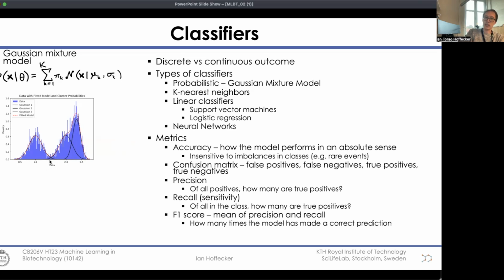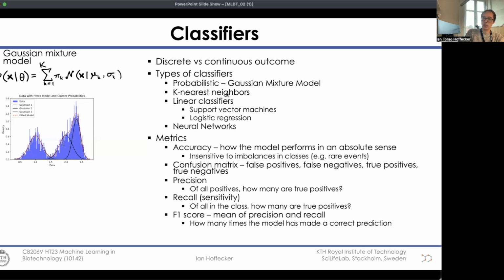And the idea was we could turn this into a classifier by attributing data points to one or other of the parent distributions, or the underlying distributions here. And so the result of this setup was that we would sort the data into classes, so apply class labels to them.